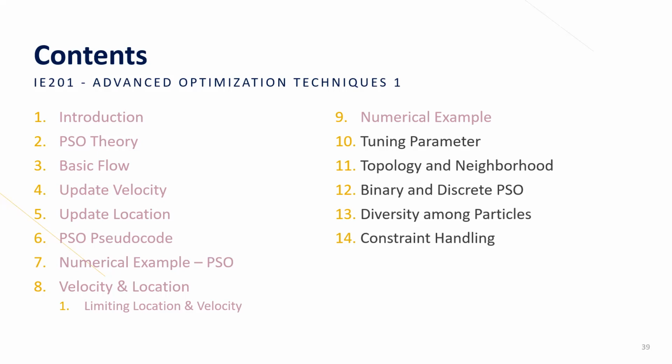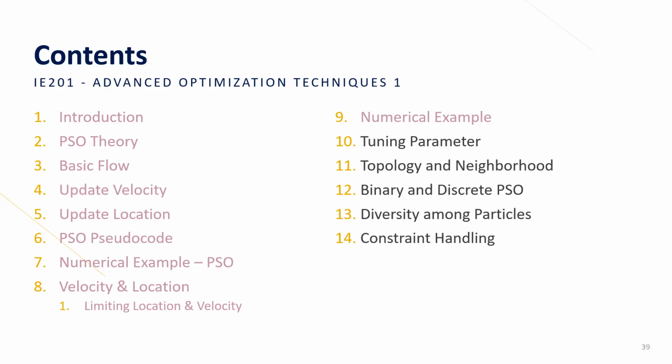Okay, so those are several parameters you need to tune, or we can say enhance, so that the result will be robust, will be fast, and will be generating good quality solutions.